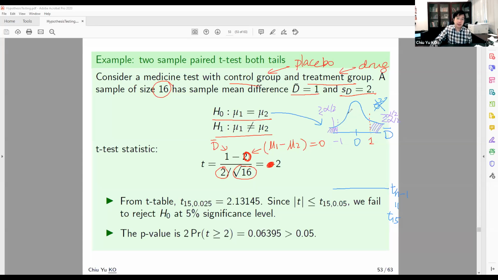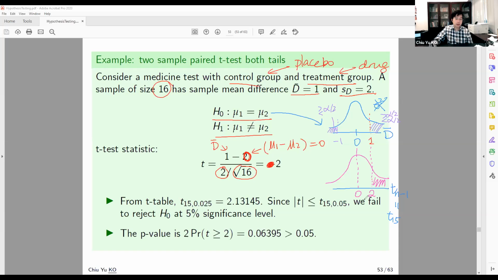So you basically convert this into the T space. This is 0 here, and the observed value becomes 2. You want to check this area, or you want to see the critical value.